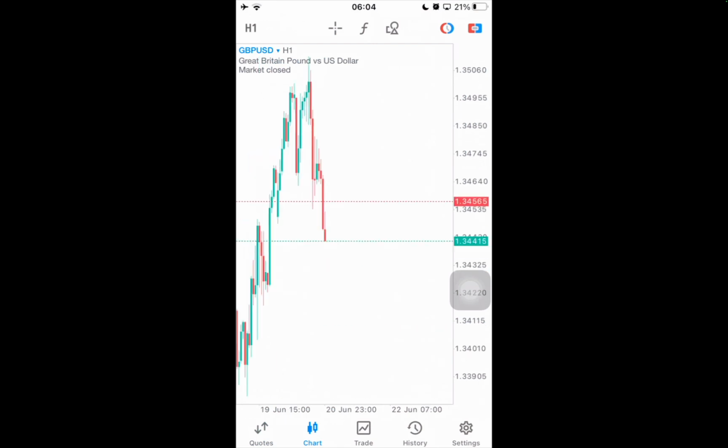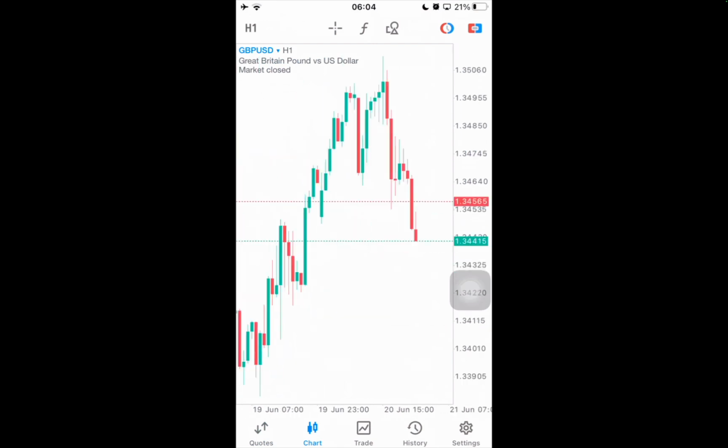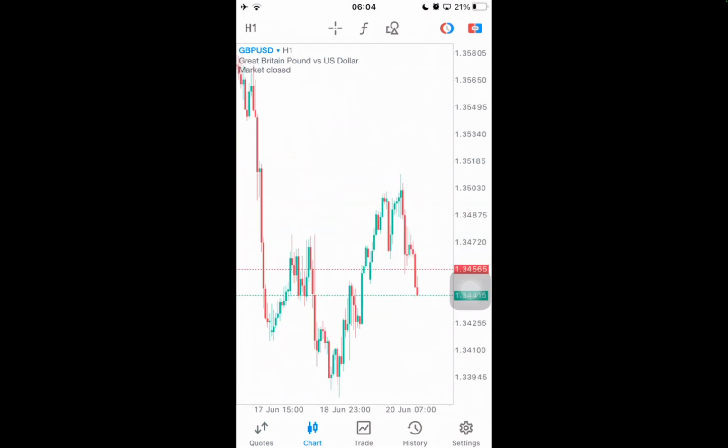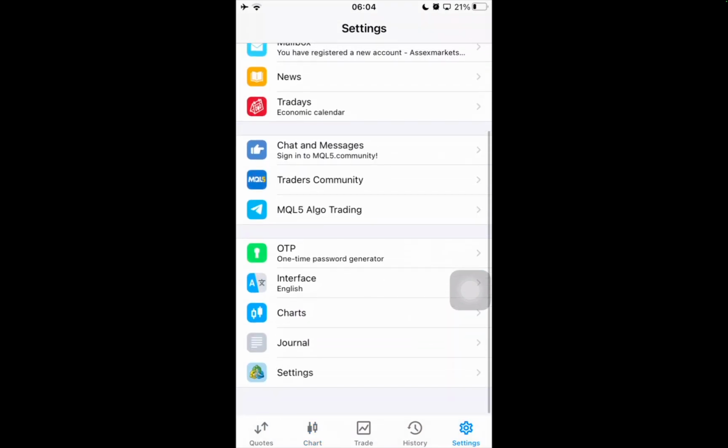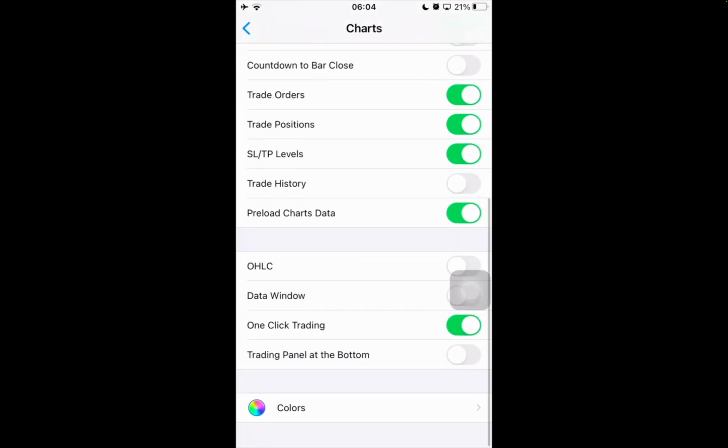GBP USD charts. It's way cooler this way, but it's GBP USD. Let me open my journal charts, trade history.